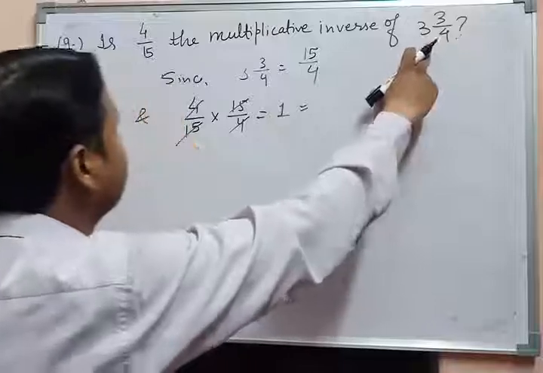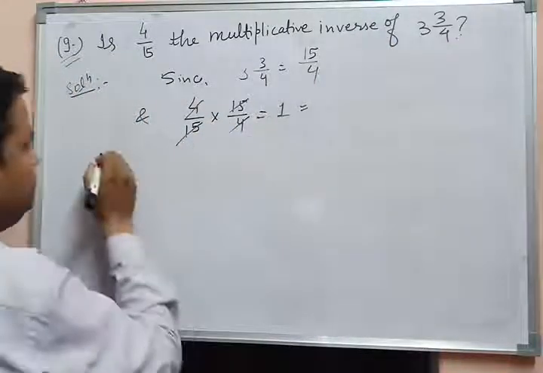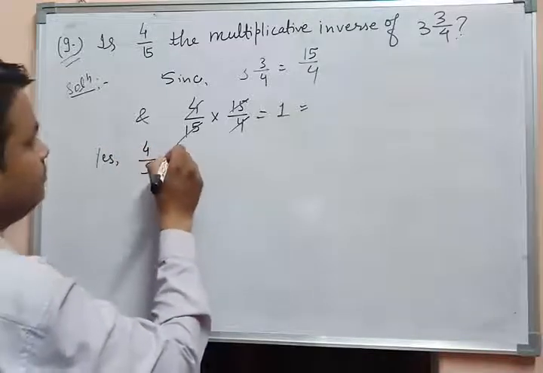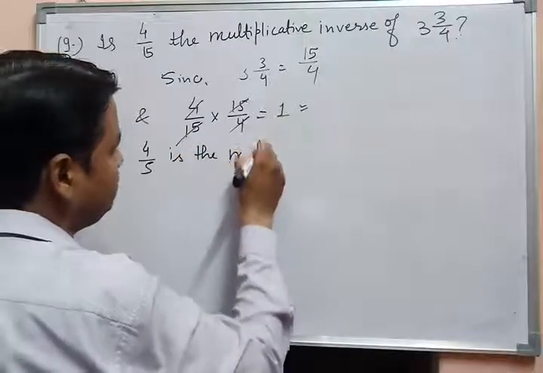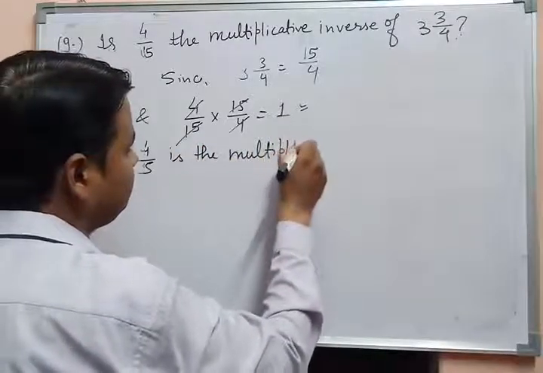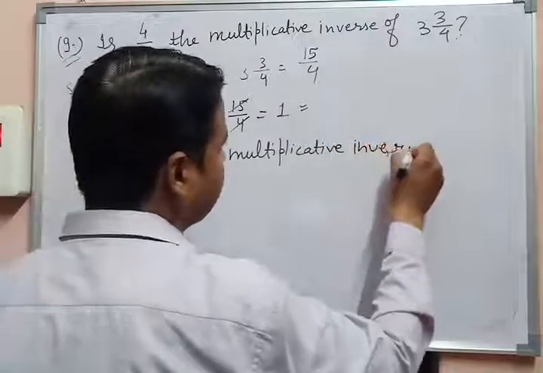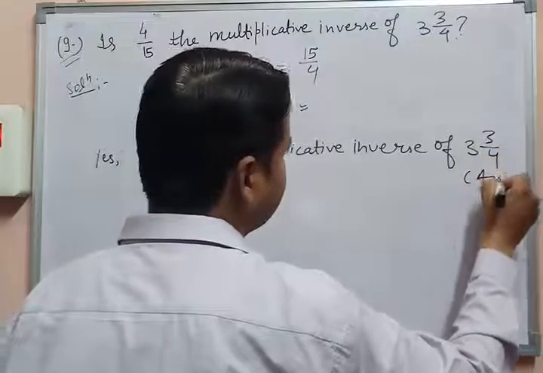In this question you have to write the line: yes, 4/15 is the multiplicative inverse of 3 and 3 by 4. This is the answer.